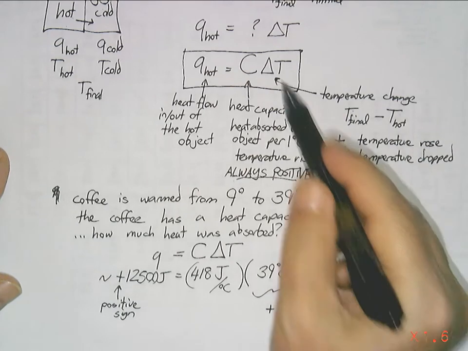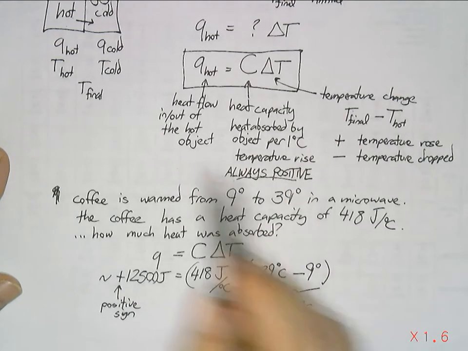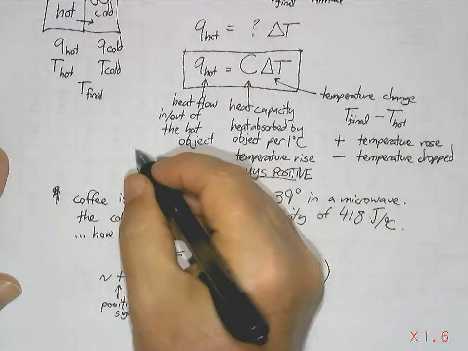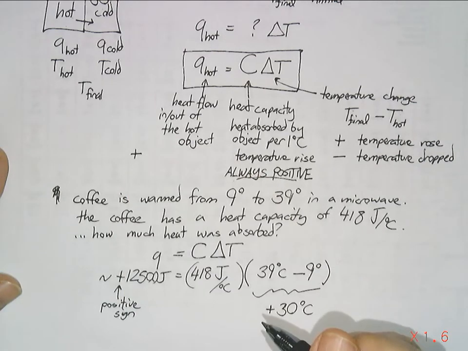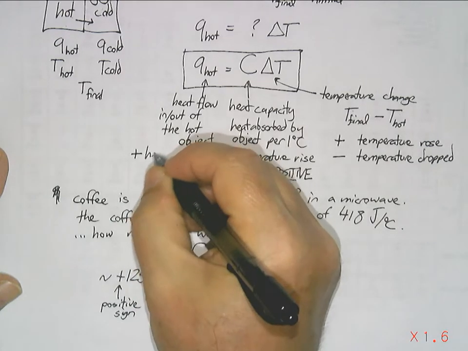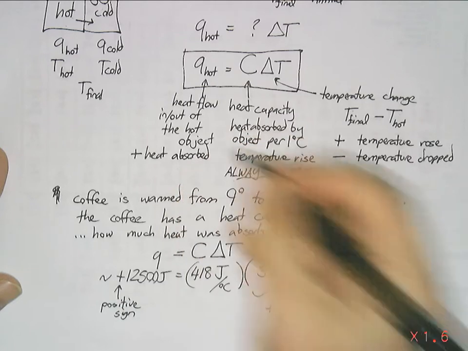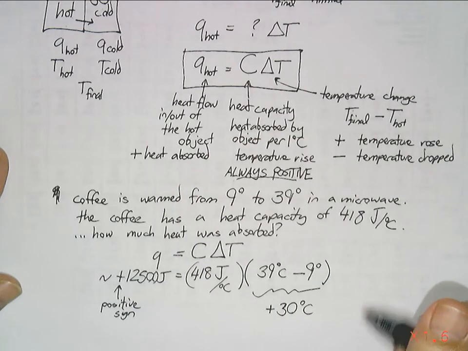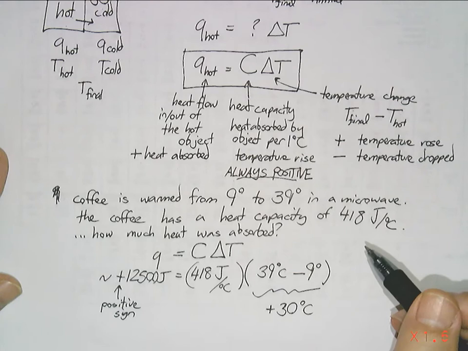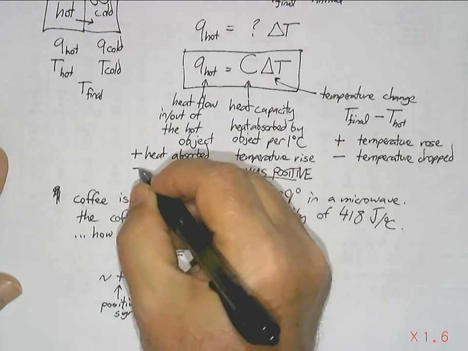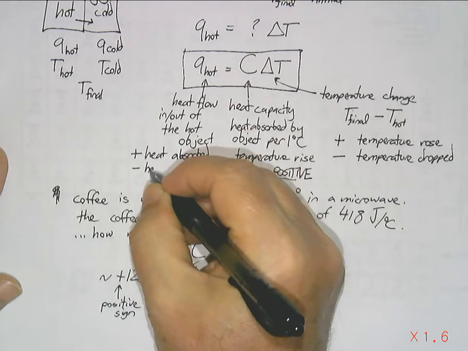But whatever sign delta T is, since C is always positive, Q will also have that sign. And if it turns out to be a positive number, it means that heat was absorbed. Something from the surroundings caused heat to come into this. And if it was negative, that would mean heat was released.